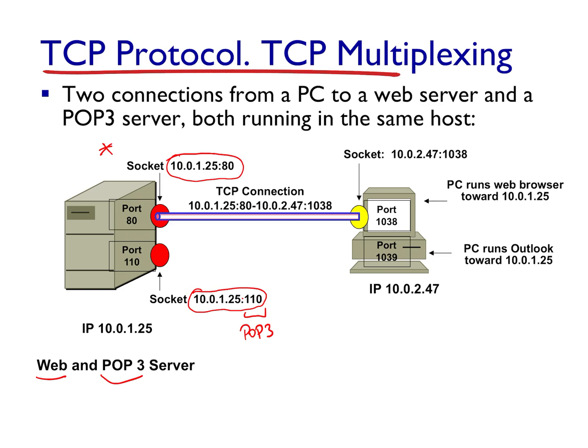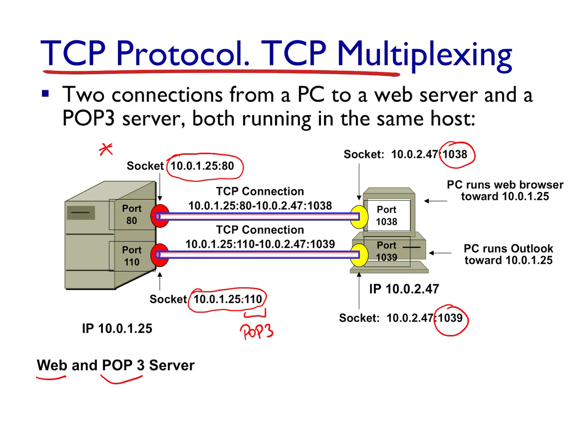Then I will have a different port number, a different socket. The difference is the port, because we have the same IP address since it is the same computer. And we have another TCP connection. In this example, we have 2 connections and 4 different sockets.